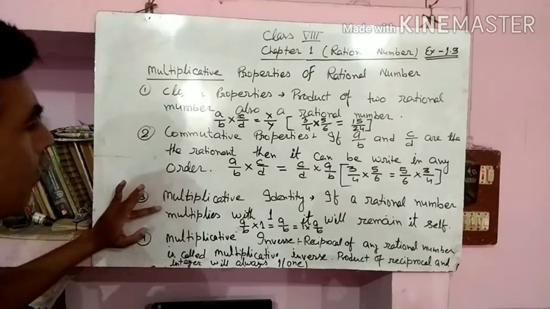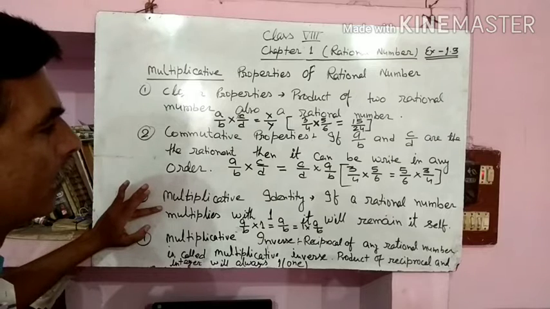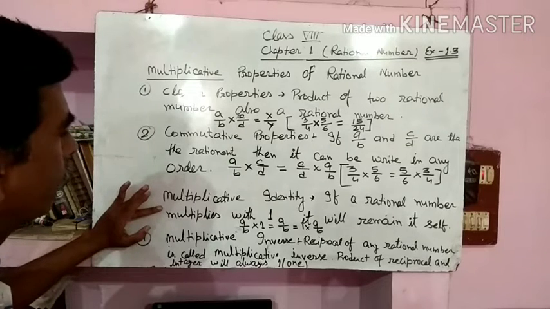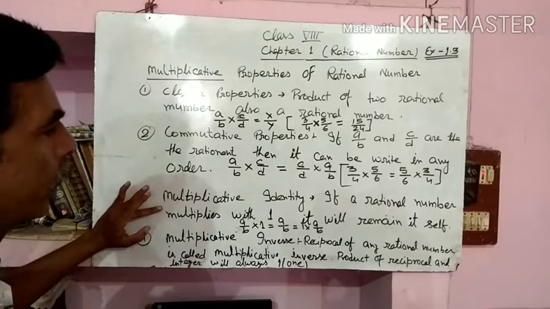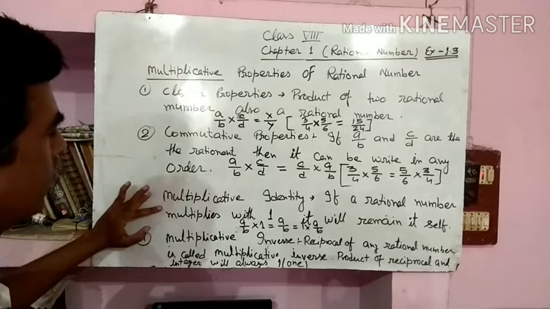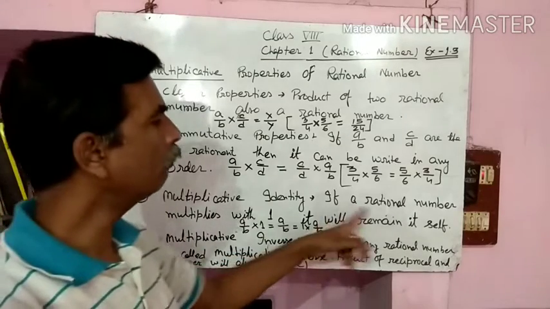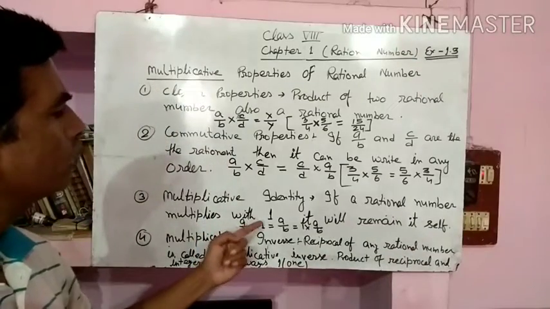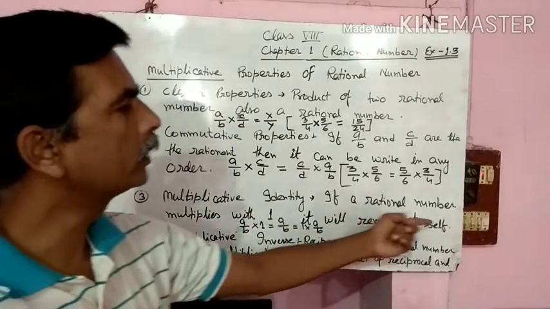The next one is the multiplicative identity. Identity means it remains itself; its value will not change. If a rational number is multiplied with 1, it will remain itself.